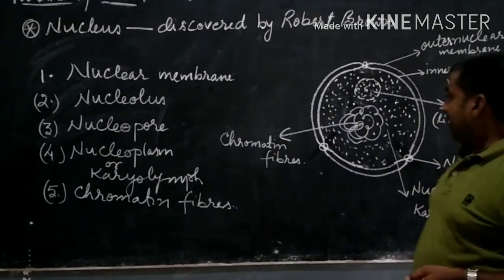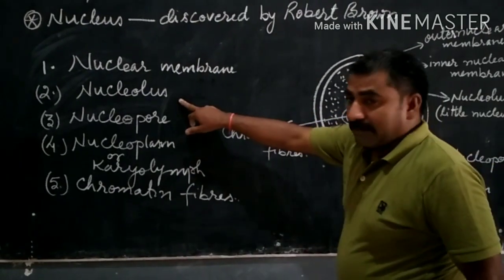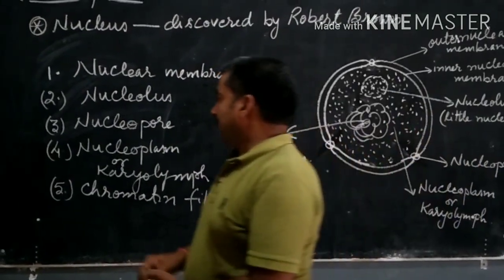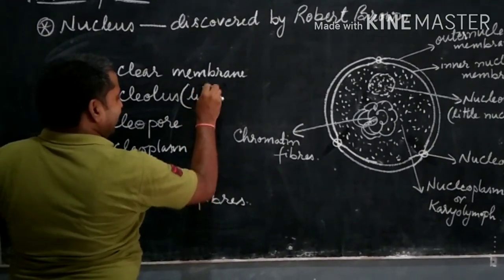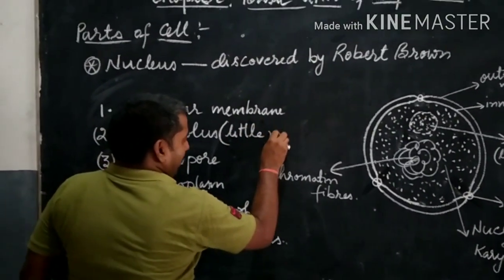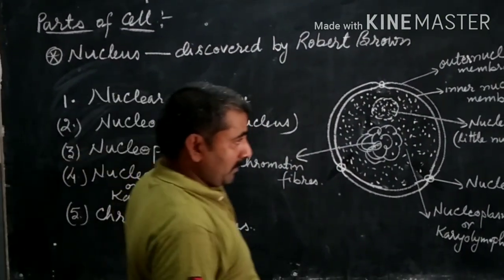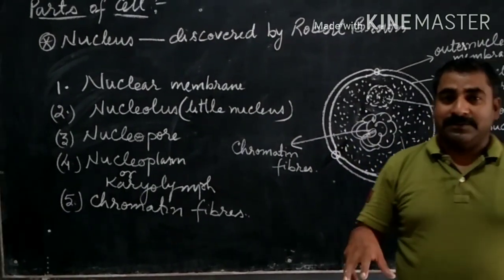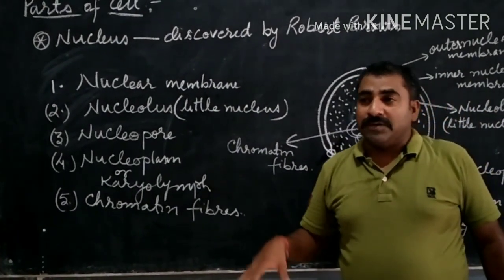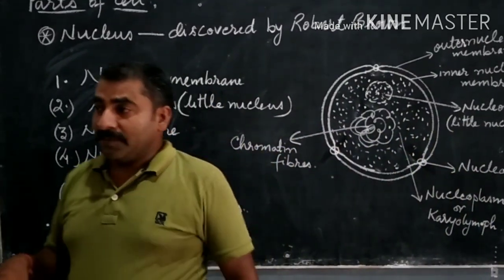Next comes nucleolus. Nucleolus is another important part of nucleus, and nucleolus is also known as little nucleus. We call it little nucleus because it also controls several functions, several biochemical processes taking place inside the cell.